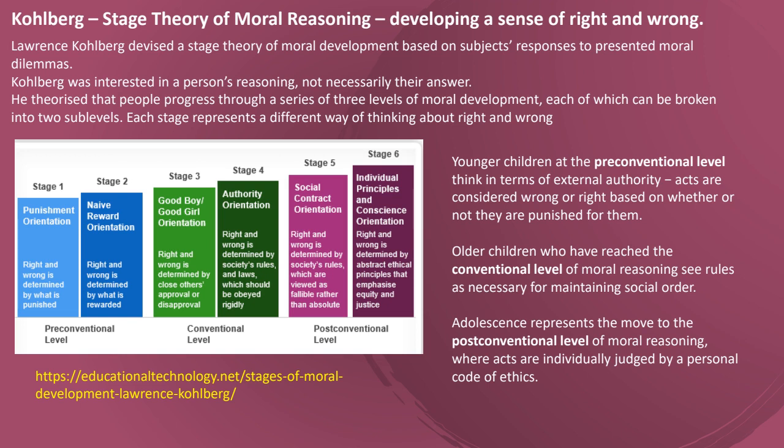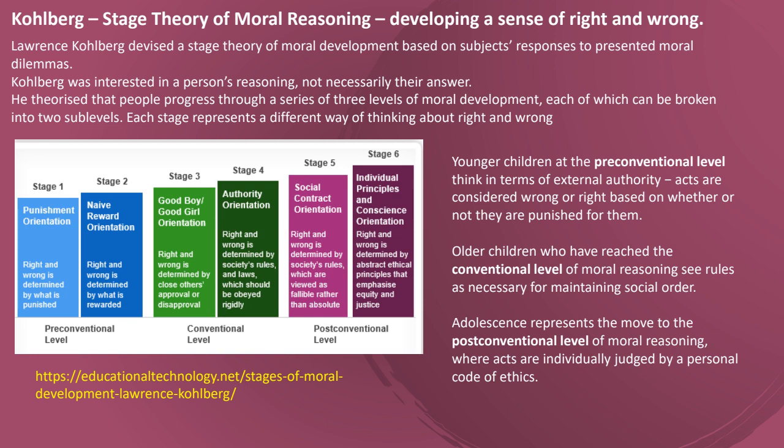And he said that people then progress through a series of 3 levels of moral development, each of which broken down into 2 sub-levels, each stage representing a different way of thinking about right or wrong. So he had a pre-conventional level, a conventional level, and a post-conventional level. The first stage is a punishment orientation, where people learn what is right and wrong, basically by what is being punished.